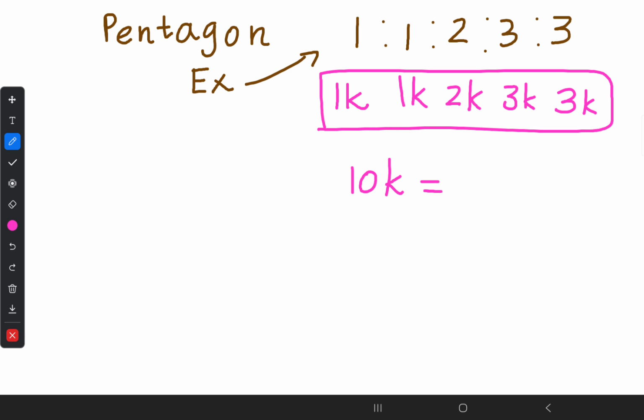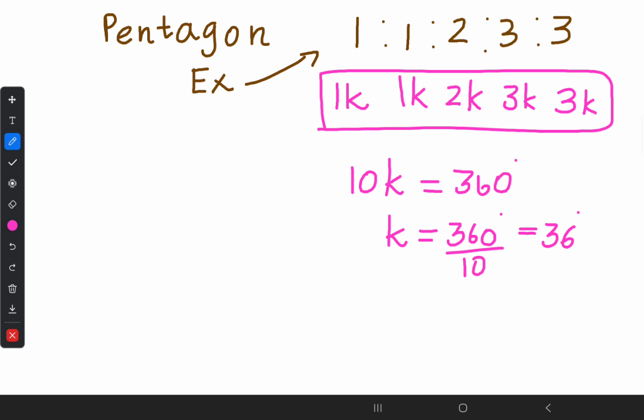I used the ratio multiplied by a random constant to make suitable values. 10k equals 360 degrees, so k is 360 divided by 10. That will give you k as 36 degrees.